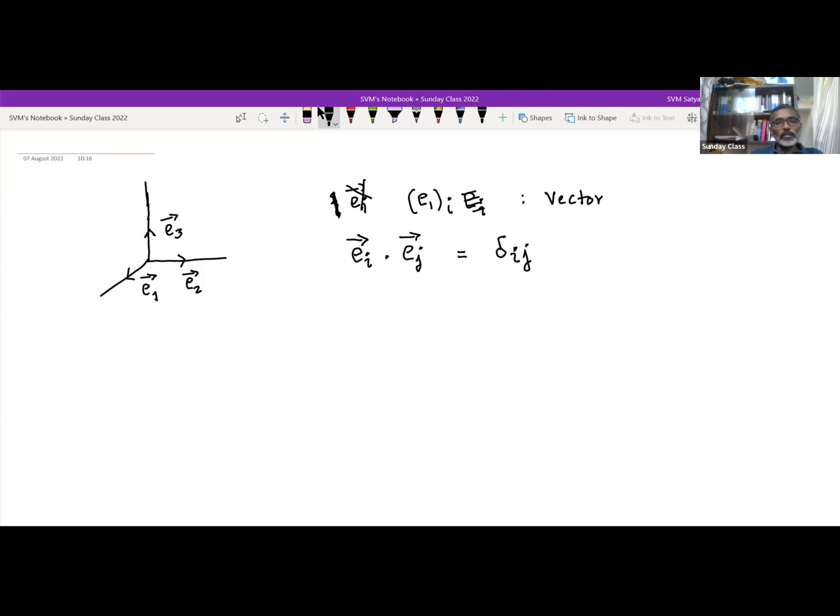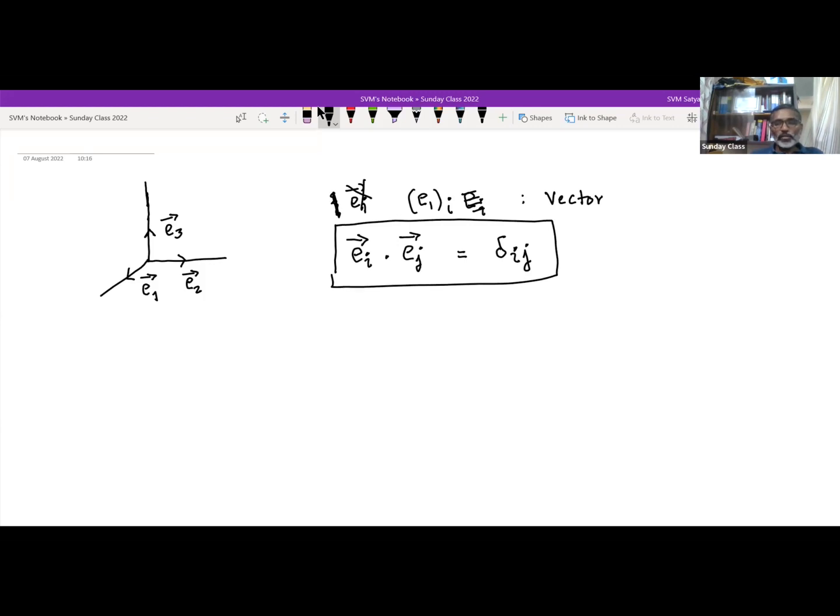This is the Kronecker delta, a second rank tensor. There are two free indices. So the dot product of any two vectors from a set of orthogonal unit vectors is given by this. This is not necessarily the case only for 3 dimensions. If you have n vectors also, this is the dot product of any two vectors.